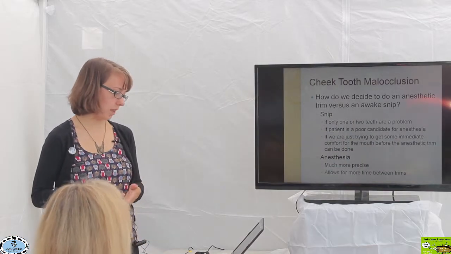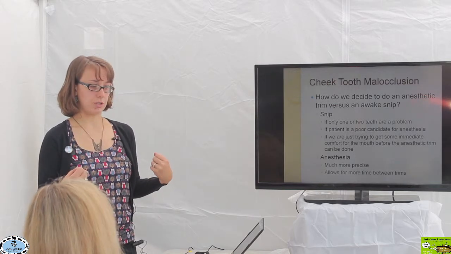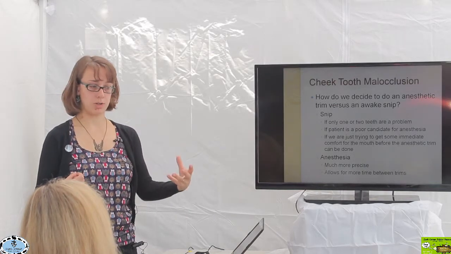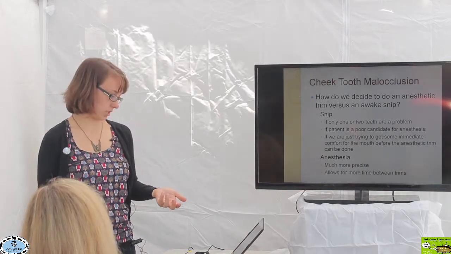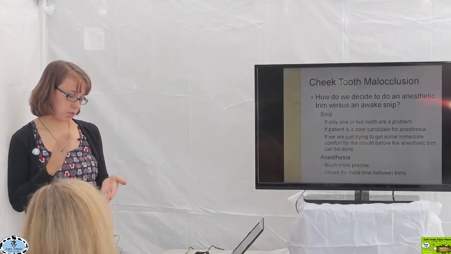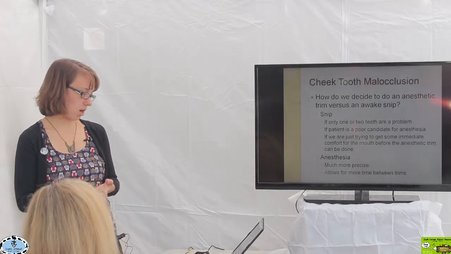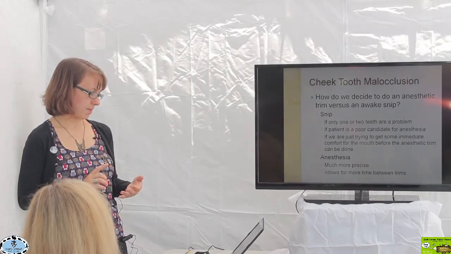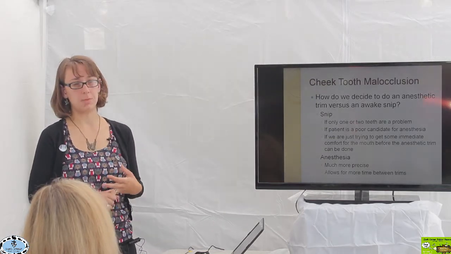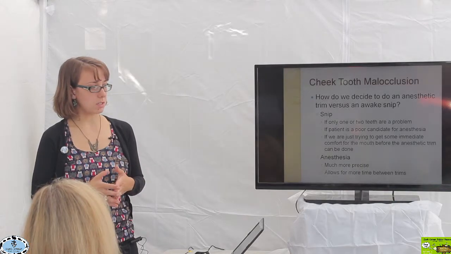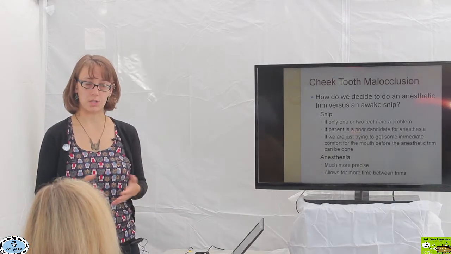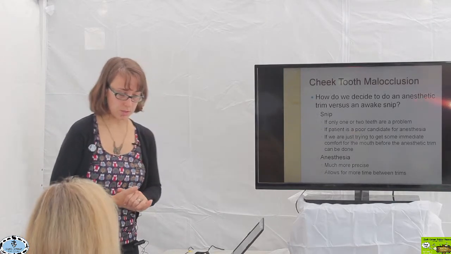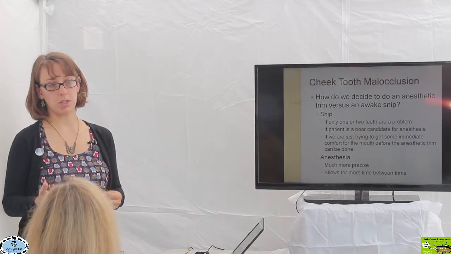So then the question is, how do we decide if we're going to do an anesthetic molar trim versus doing a molar snip? We choose to do a snip if there are only one or two teeth that are a problem, or if the patient is a poor candidate for anesthesia. Not every animal is safe to undergo anesthesia for whatever reason. For most animals, anesthesia is extremely safe.